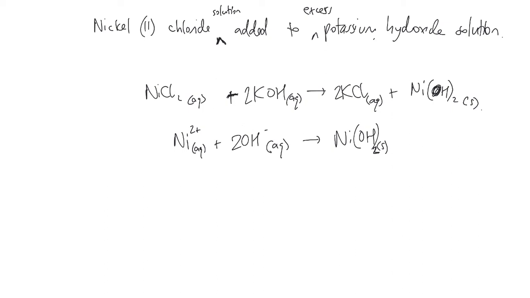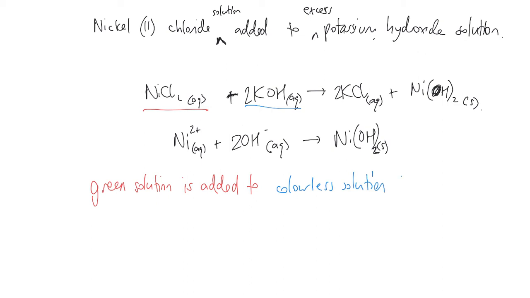We have to start talking about the colors here. So what color is this nickel chloride solution? Nickel chloride is what? Green solution. Is added to colorless solution to form, what's that?